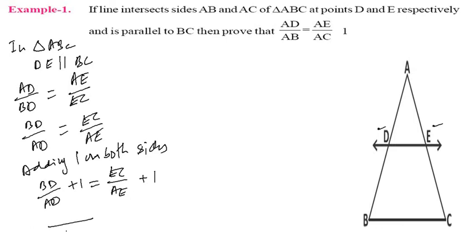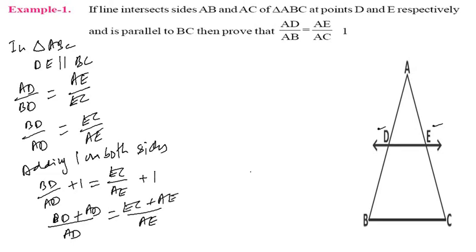Now taking LCM, BD plus AD upon AD is equal to EC plus AE upon AE.